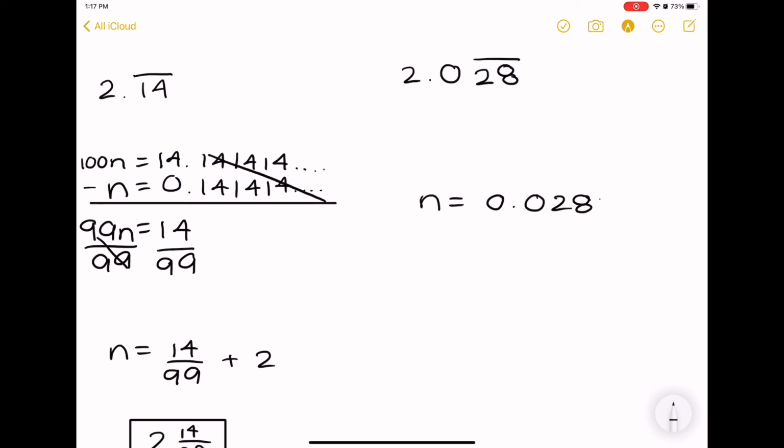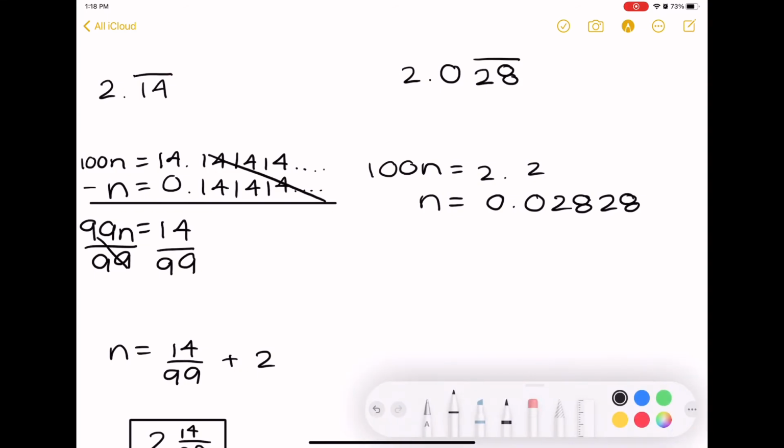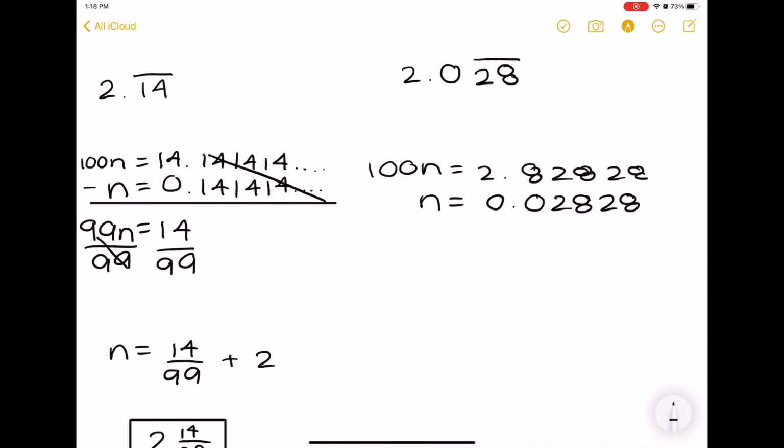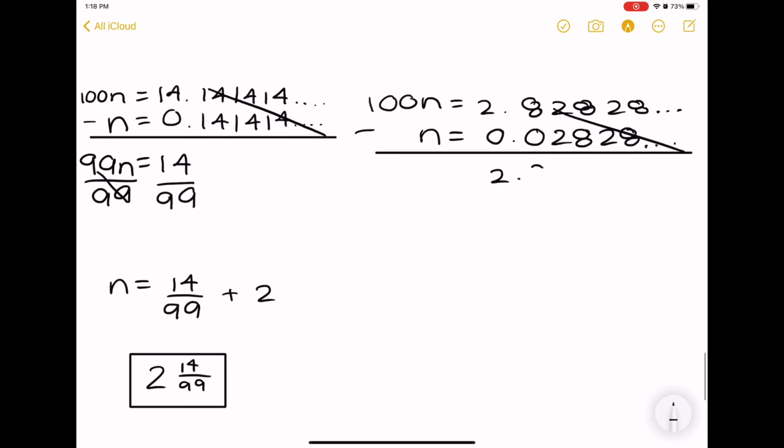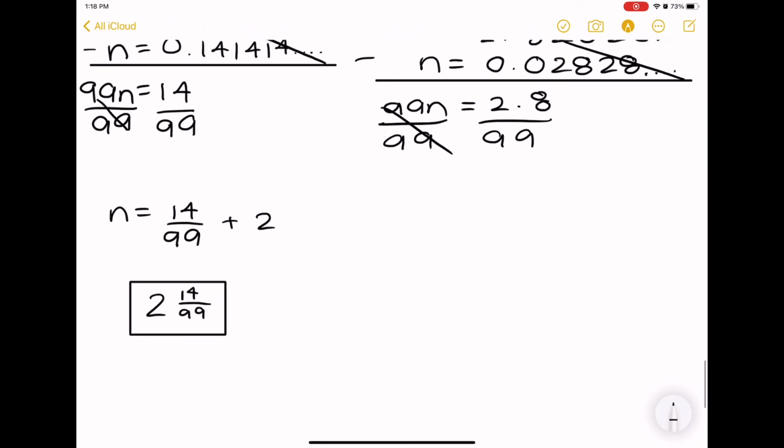Now for the next one, it's going to be n is 0.02828, and remember I put the 2 later, and then 100n is 2.8282, and those will continue on, and then you will have 2.8 is equal to 99n. So then you divide by 99, and you'll get 28 over 990.